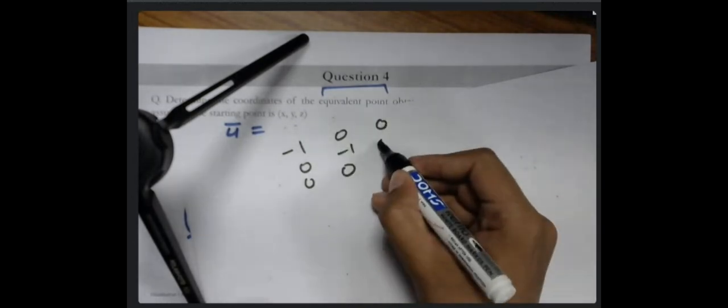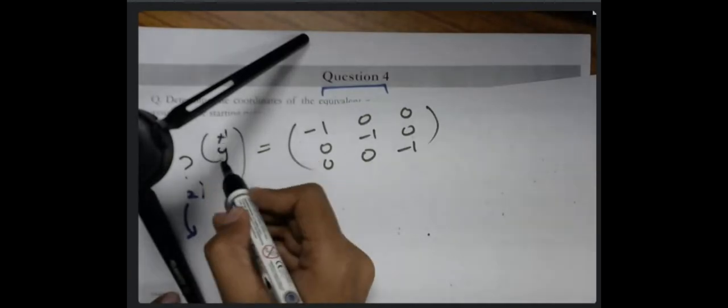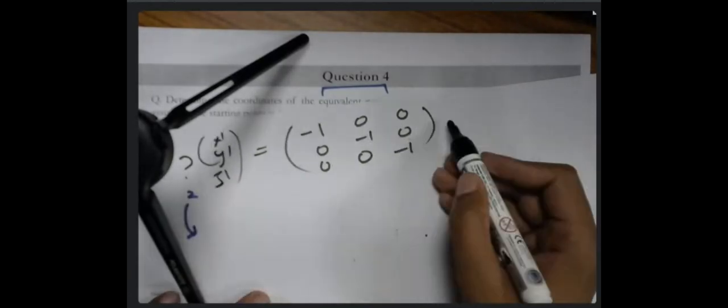Now we have to go for the inversion. And we know inversion is very simple. All the values x will change to minus of x, y will change to minus of y, and z will change to minus of z. And we need to find this x dash, y dash, z dash, which will be the multiplication of this with our previous matrix.